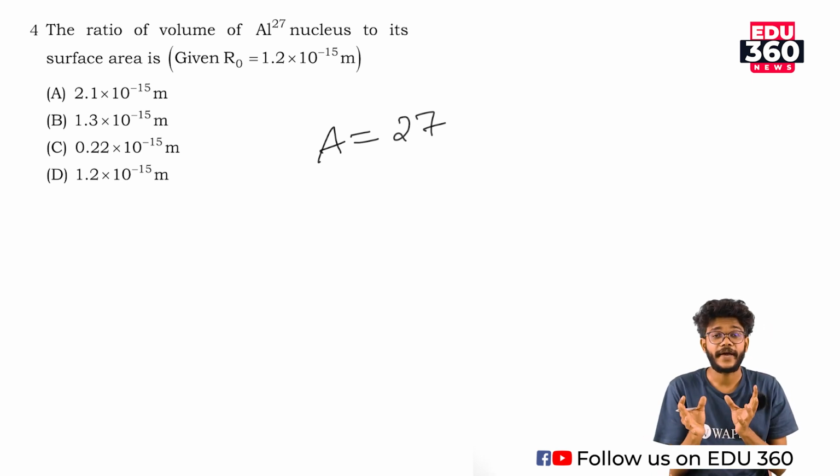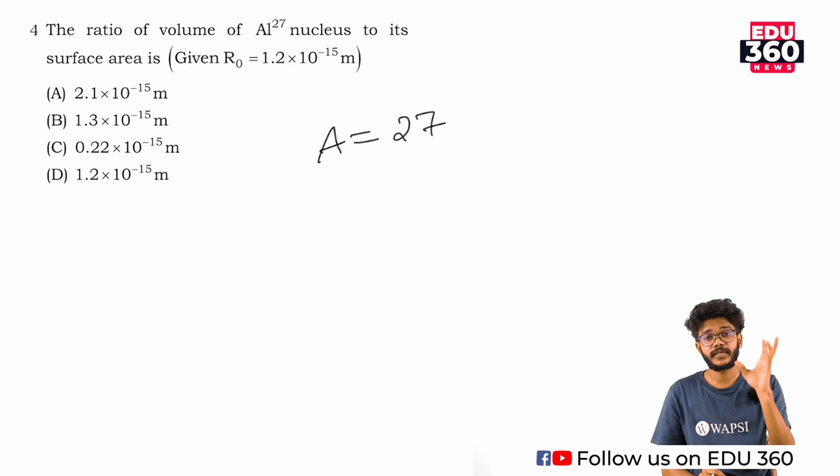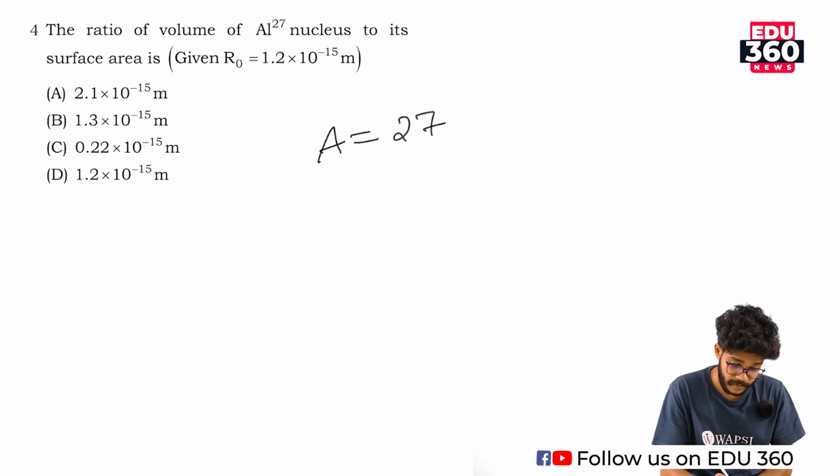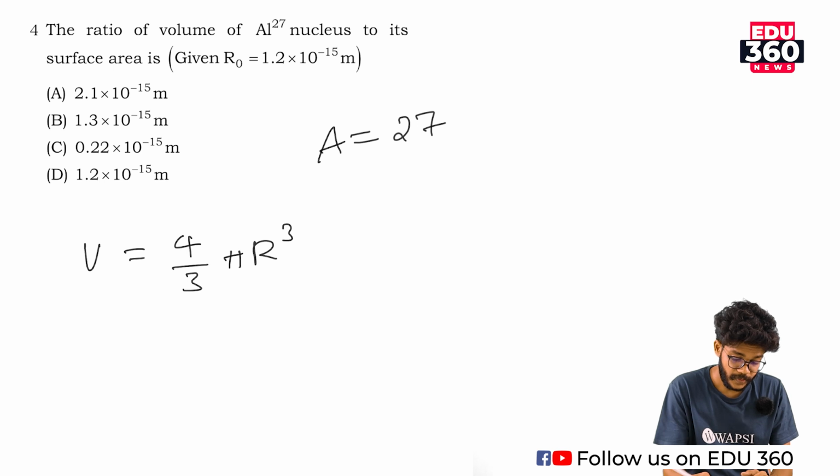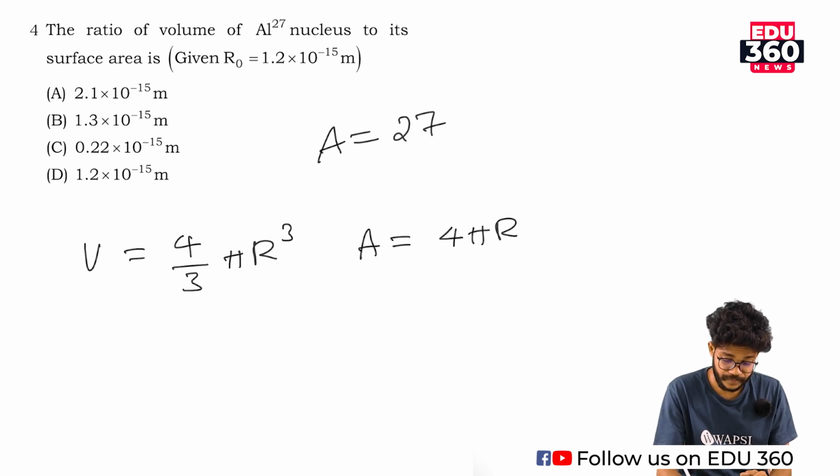We know that the nucleus of an atom is in spherical shape. So what is the volume of a sphere and what is the area of a sphere? The volume of a sphere is 4 by 3 pi r cube, and the area of a sphere is 4 pi r square.